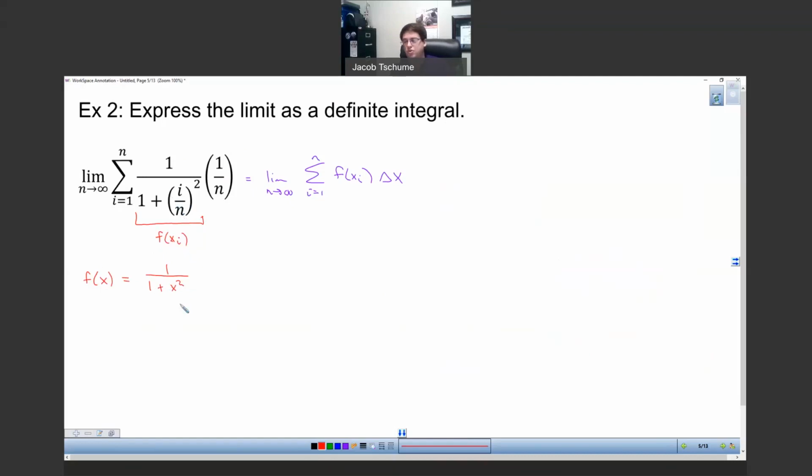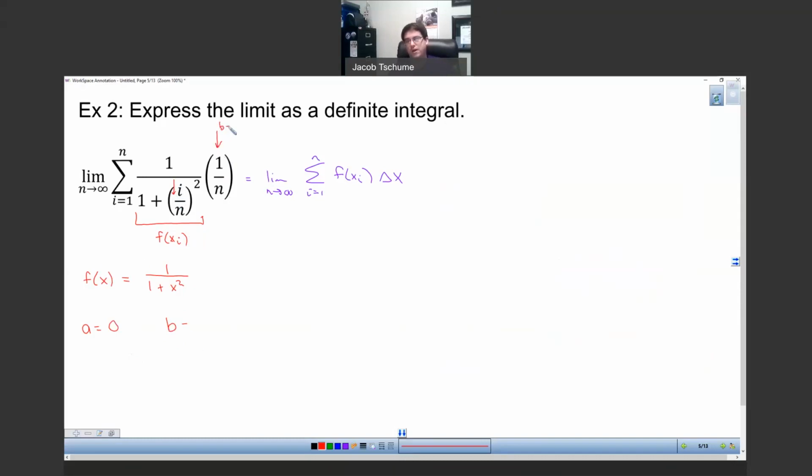Now you've got to make sure you can find your a and your b. So remember that a is just the number that's being added to your x sub i term. But since there's not a number being added to the i over n, it is understood that your a value is 0. And then to calculate your b value, you look over here at your delta x.